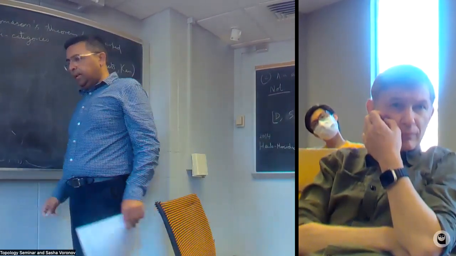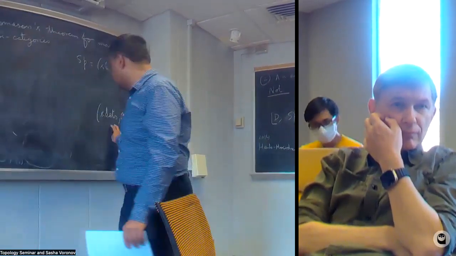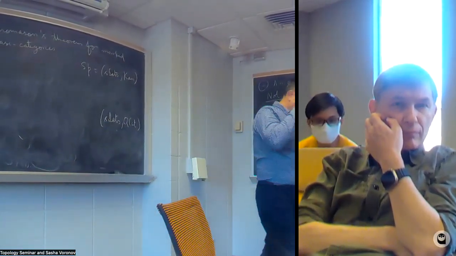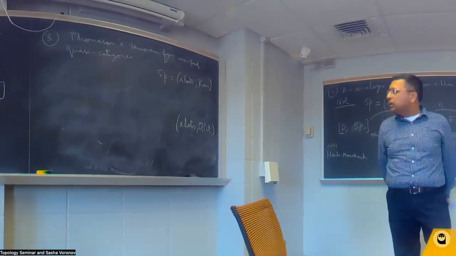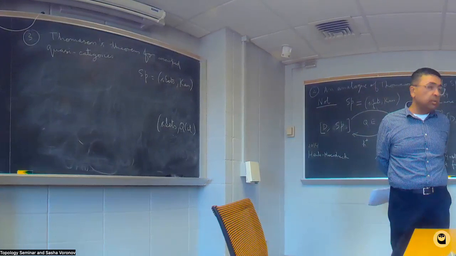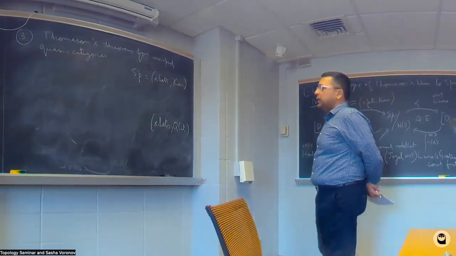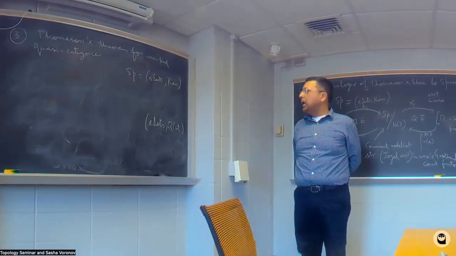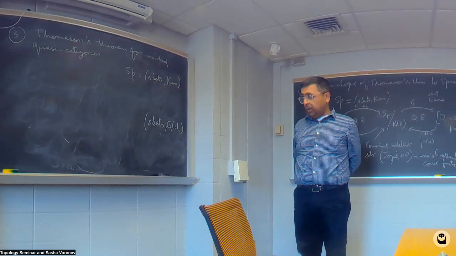However, there are a few drawbacks of this category. First of all, this is not a simplicial model category. It is a Cartesian closed model category, which means it's enriched over itself, but it's not simplicial. That is one drawback.